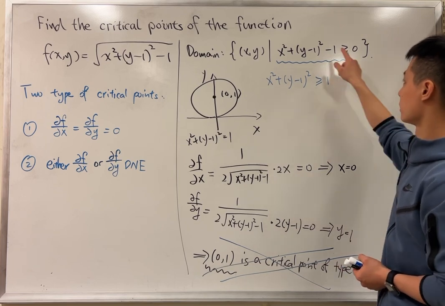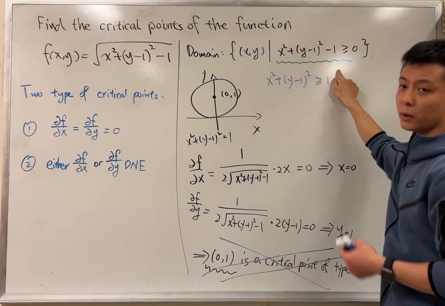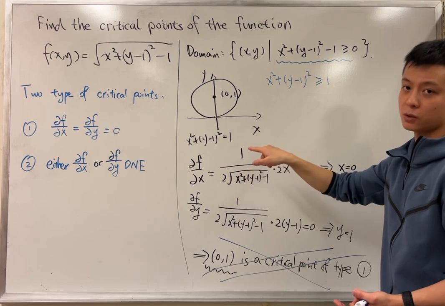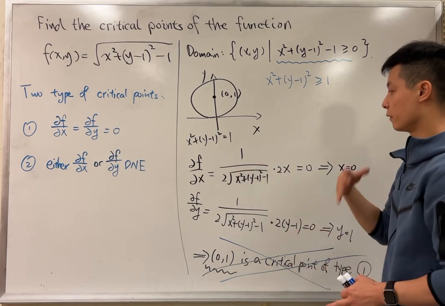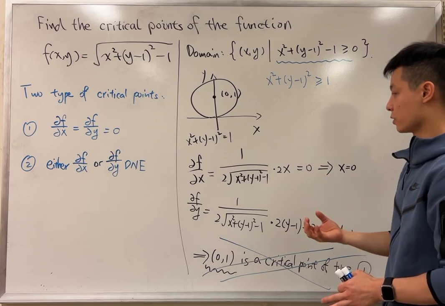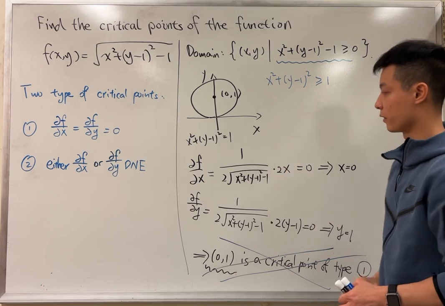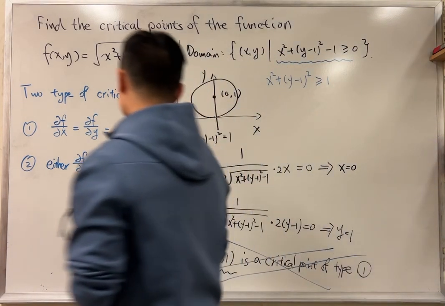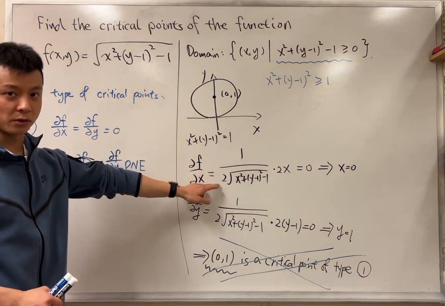But looking at the domain here, the domain expression already guarantees that the expression underneath the square root is non-negative. So that has excluded the first situation where the issue is going to happen with the square root. And that leaves us with the only other possibility, which is when the denominator equals 0.